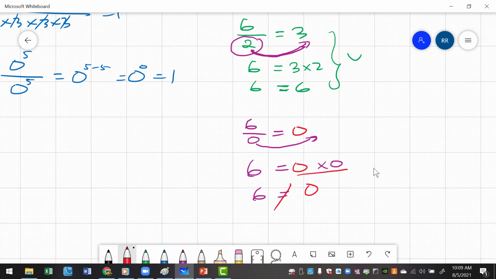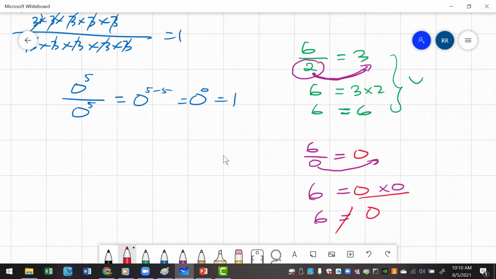Every time you divide anything by 0, you will get an undefined number because there is no number which fulfills this equation. You can try any number, maybe 0, but dividing by 0 again means you're getting a math error, or we call it undefined. Okay, so this is the basic concept of why you cannot divide by 0. If you divide by 0, you will get undefined.